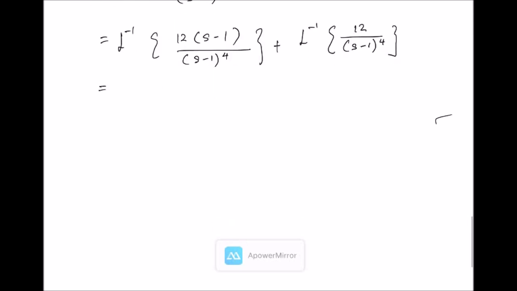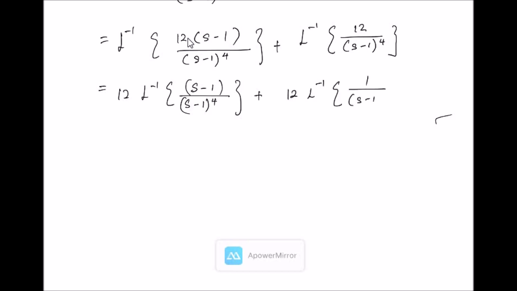This 12 is actually a constant, so I can take it out. So 12 inverse Laplace transform s minus 1 over s minus 1 power of 4, and then plus 12 again is a constant, I take it out, and then inverse Laplace transform of 1 over s minus 1 power of 4.